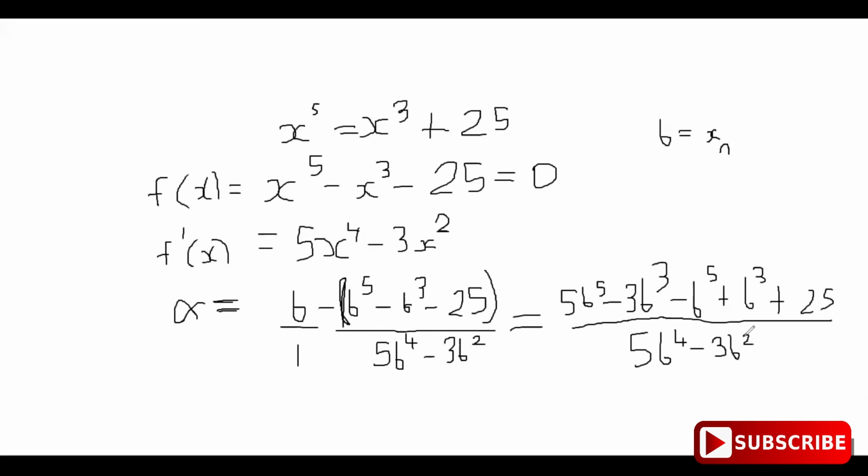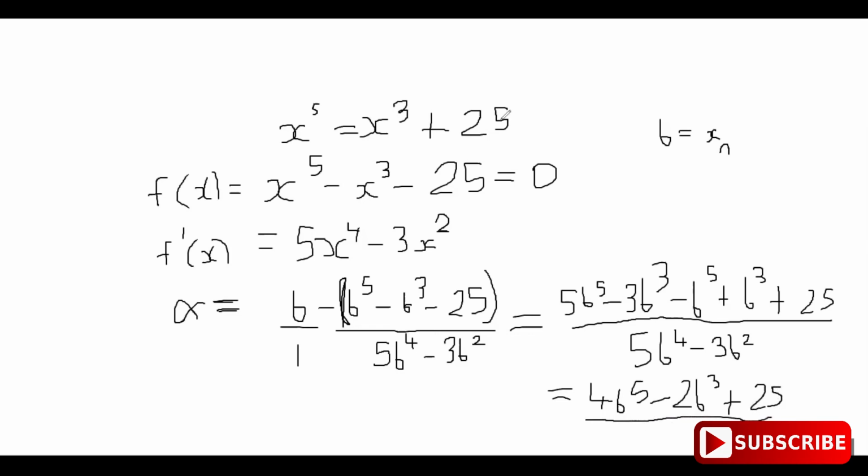All right. And so 5b to the 5th minus b to the 5th is 4b to the 5th. Minus 3b cubed plus b cubed is negative 2b cubed. Why am I saying square? I should say cube. Yes, negative 2b cubed plus 25 over the denominator.